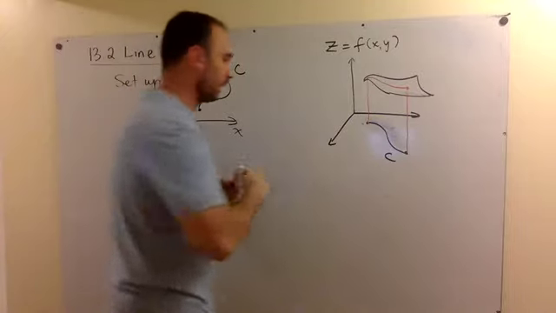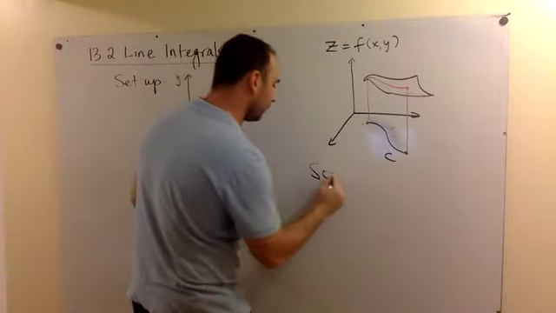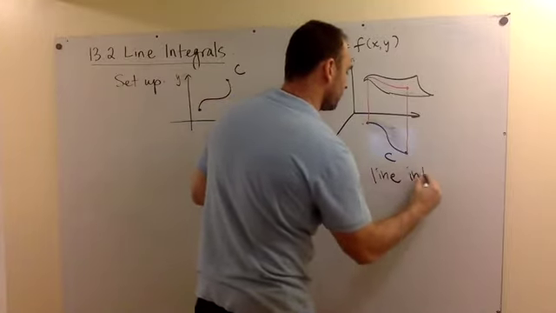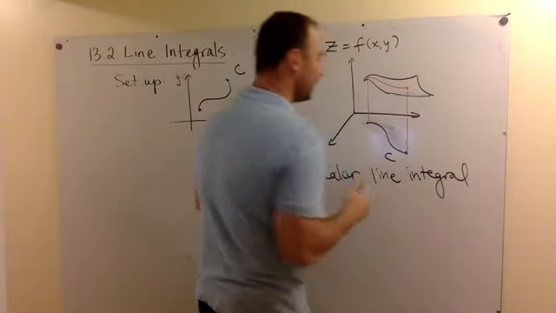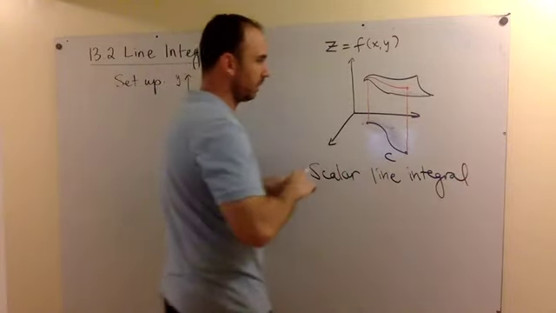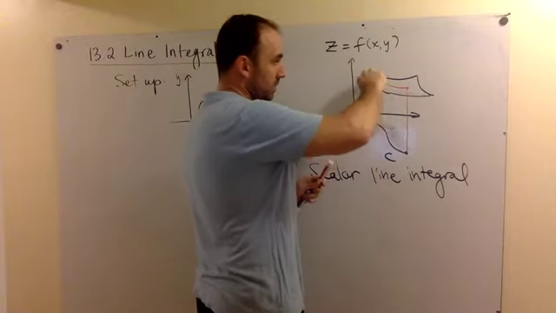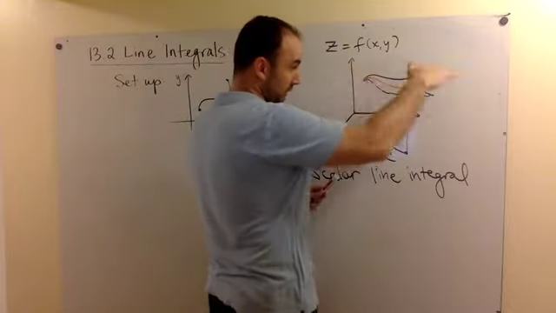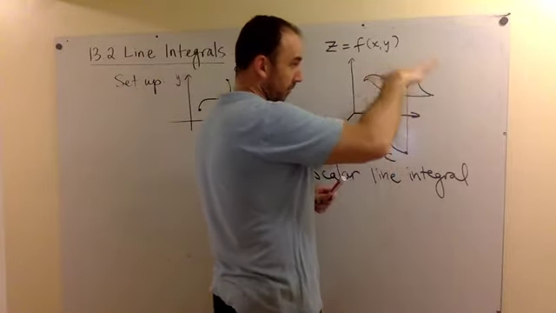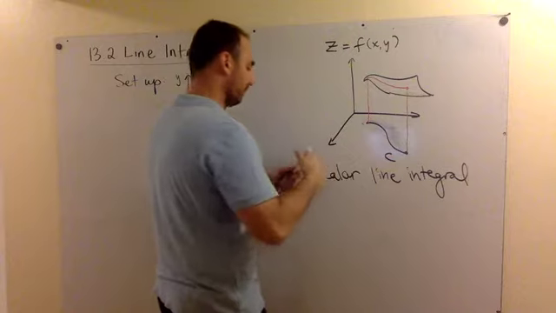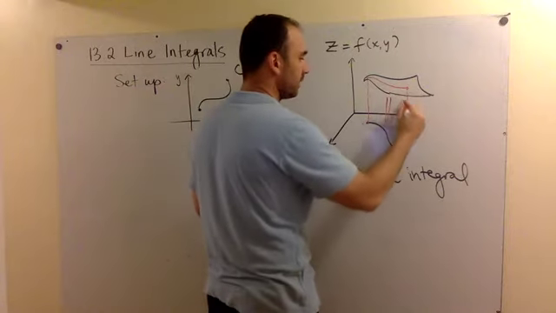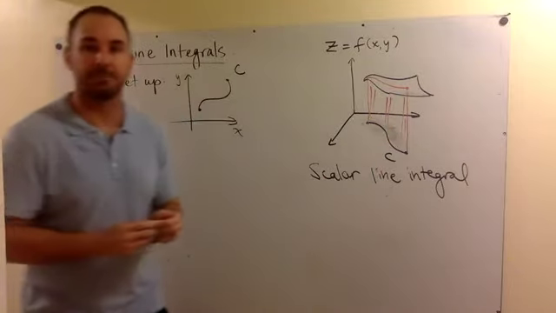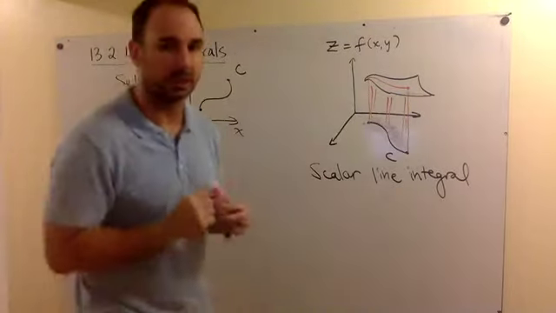The line integral here, or what we call the scalar line integral, is if I look at this sheet below here, so it is just the surface that's below this surface that f carves out and above this curve. And I like to think of it as like this sheet right here, okay? So something like that.